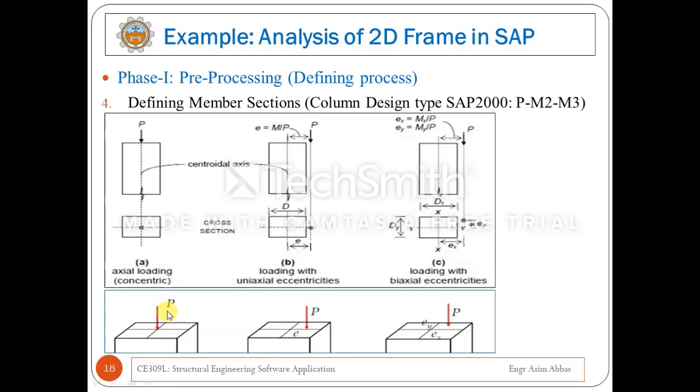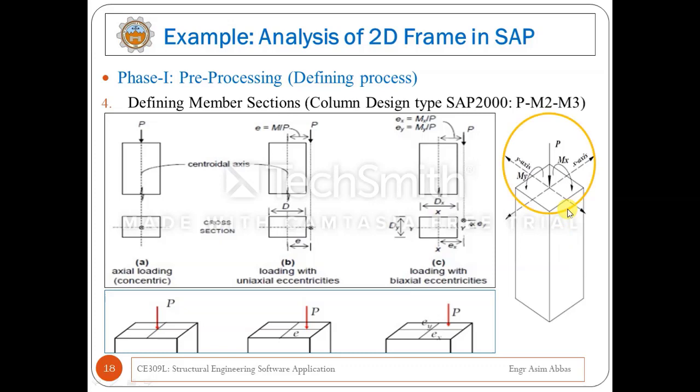Here you can see the load applied at the centroid, here the load applied eccentrically along x direction, and here the load applied eccentrically along y and x direction. This column is subjected to P load, Mx and My, and it is a biaxially loaded column. These bending moments Mx and My are either due to eccentricity of loading, or because of unequal bending moment transferred from beams placed on this column.